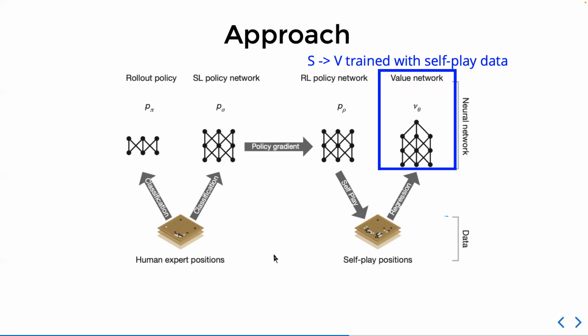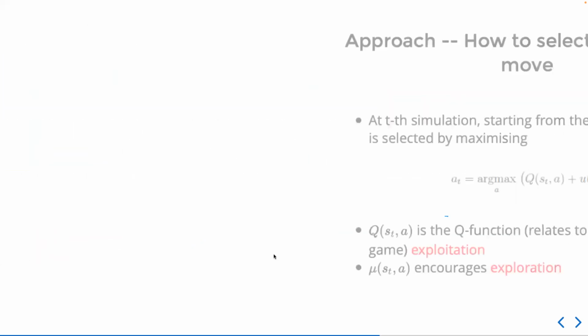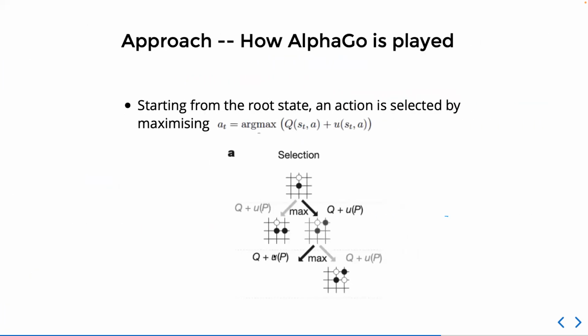In this regard, we still have a search tree: one move, another move, one move forward, another. So the idea is how to reduce the search tree. In this case, we will have estimation. The approach to estimate is to use a value network and a policy network. The value network is used to evaluate the situation.